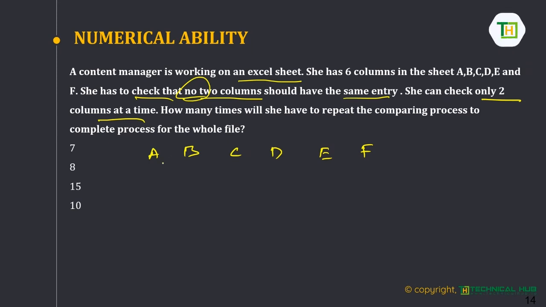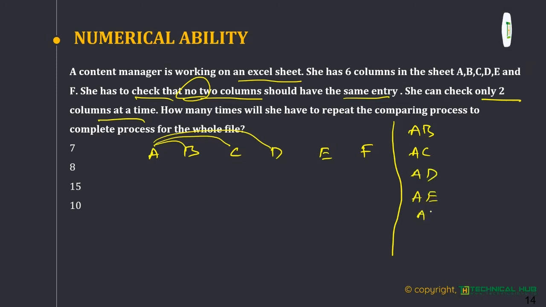See, first I will write all the possibilities. If I start with A, at a time we are checking only two columns. I can check AB, AC, AD, AE, and next AF.